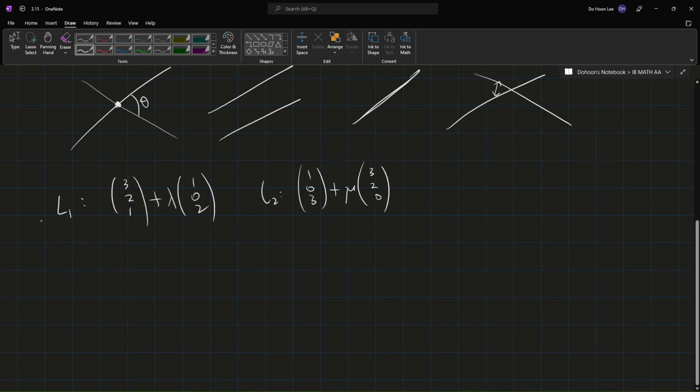So my first line will be x equals 3 plus lambda, y equals 2, and z equals 1 plus 2 lambda. Line 2, x equals 1 plus 3 mu, y equals 2 mu, and z equals 3.